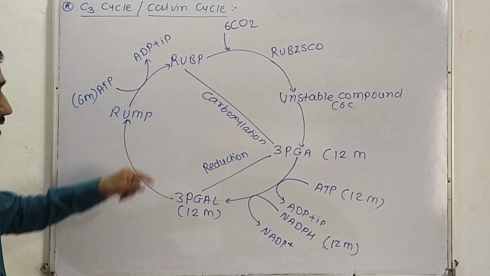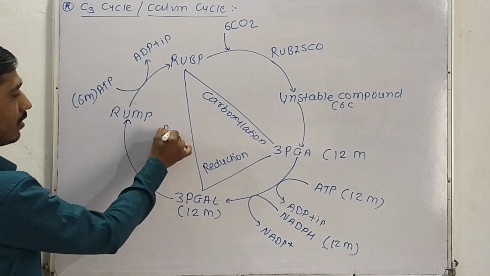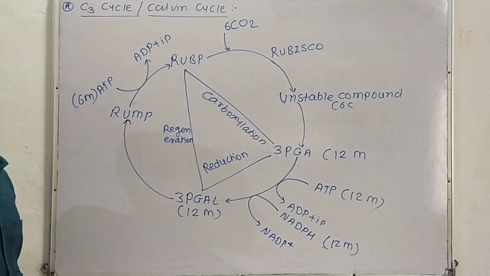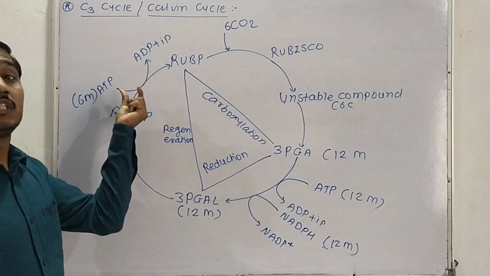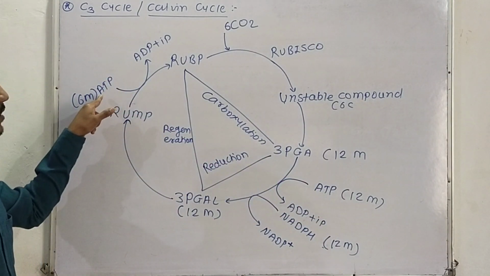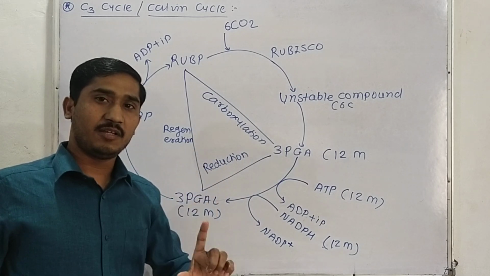During this regeneration step, plants again use 6 ATP molecules. So these 12 and these 6, there are a total of 18 ATPs.